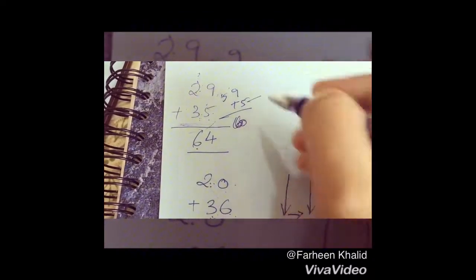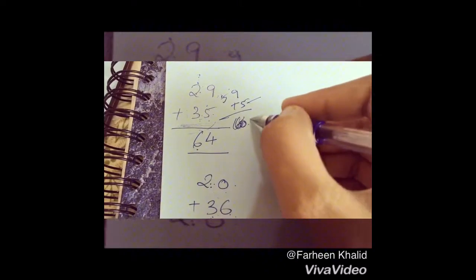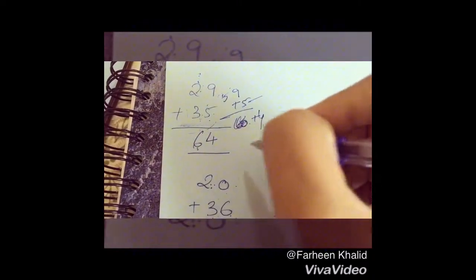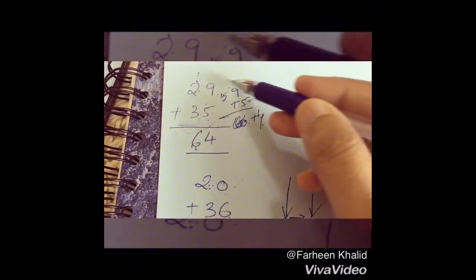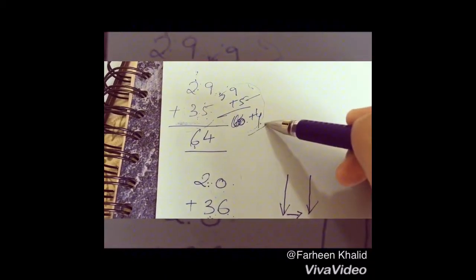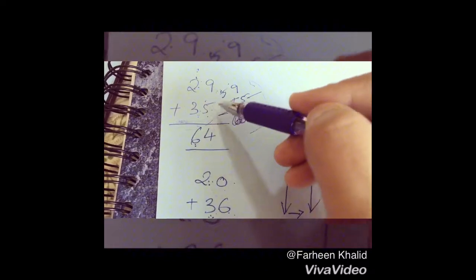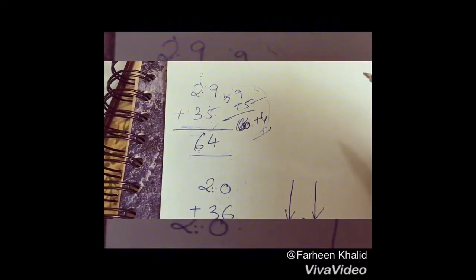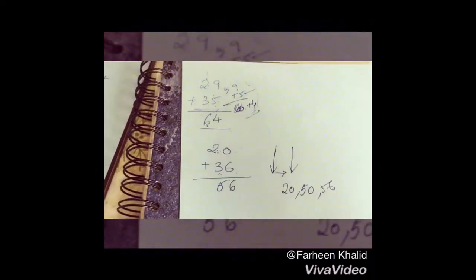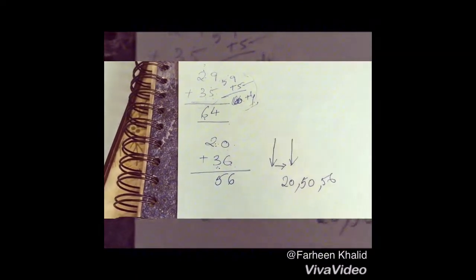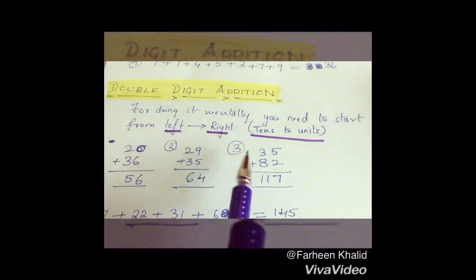I took the 1 from this 5, so it made it 60, and the remaining was 4, so it's 64. Although it seems very lengthy here, when you're doing it in your mind, it's immediately 59 plus 1 is 60, 60 plus 4, that's it. All this comes with practice, so you have to keep practicing and practicing to become an expert at mental maths.